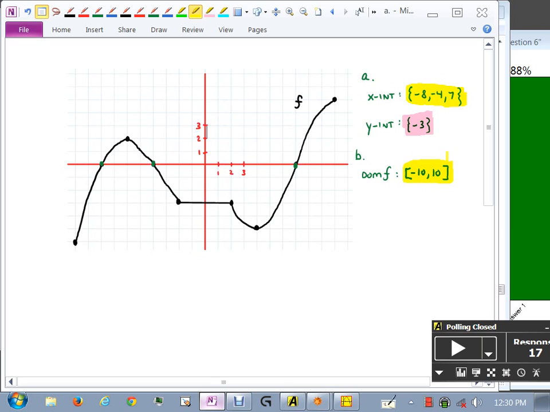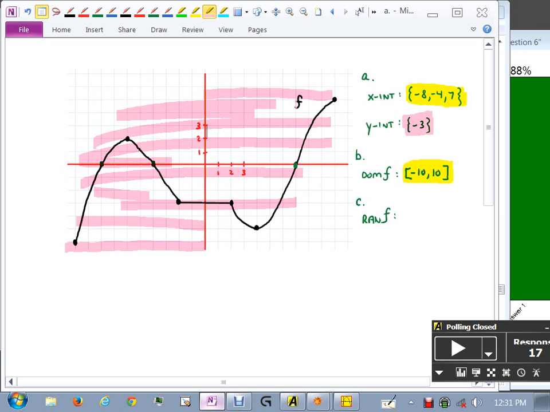Okay, next thing. Range. So I'm looking at Y values. What's the lowest Y value I have? -6. What's the highest Y value I have? 5. Now, I also have to make sure that I do achieve every value between there. As I move left and right, I'm always hitting the graph somewhere.